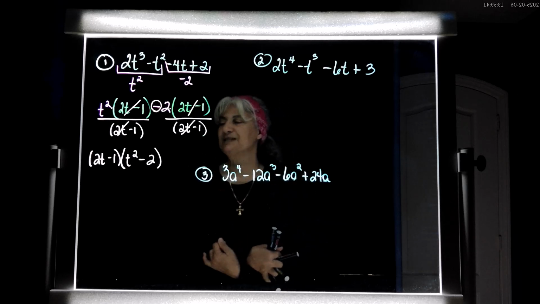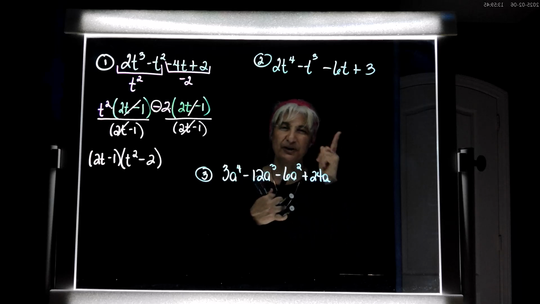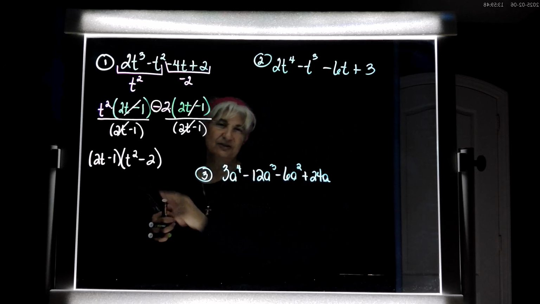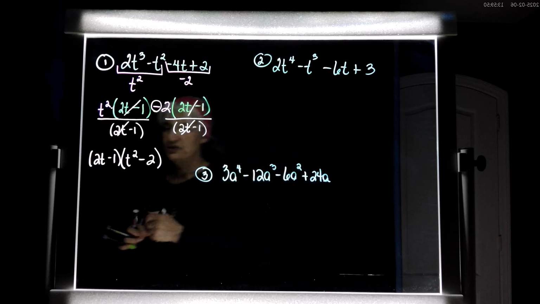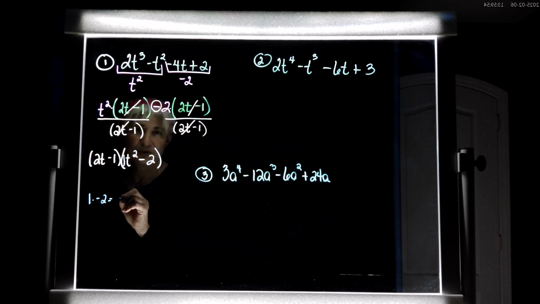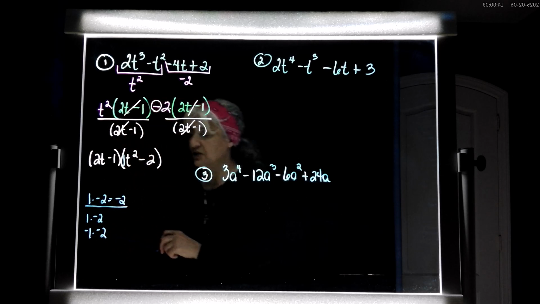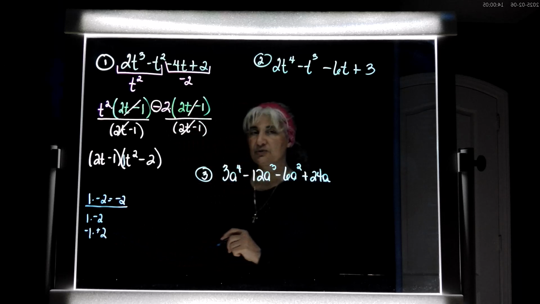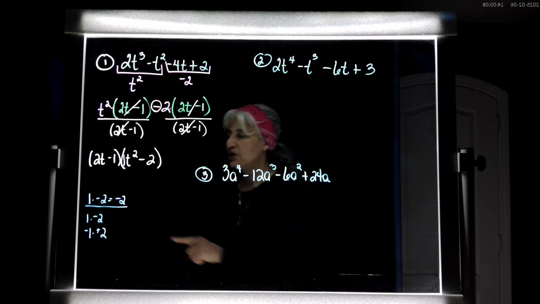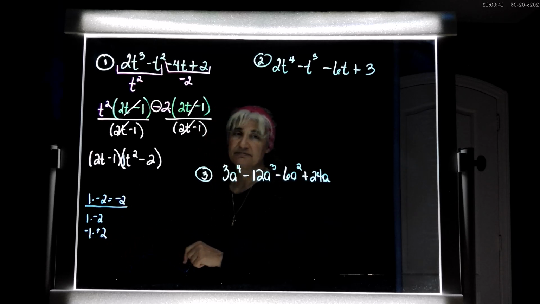Ooh, t squared minus 2. What do you think? It's a squared. We might be able to factor it, huh? Okay, so let's just do a quick check in our brain. What's in the middle? 0. So if I do 1 times negative 2, we multiply and we get negative 2. The only combinations that multiply to negative 2 are these two combinations, right? Do either one of these combinations add up to the 0 that's in the middle?